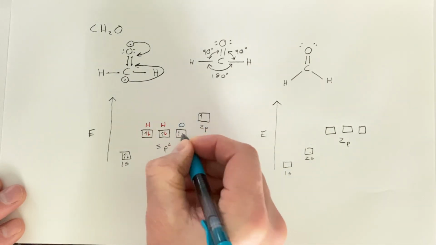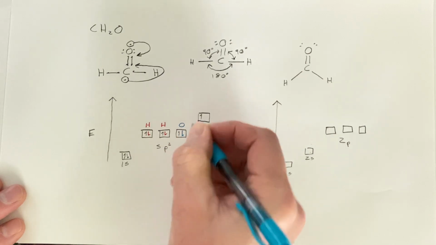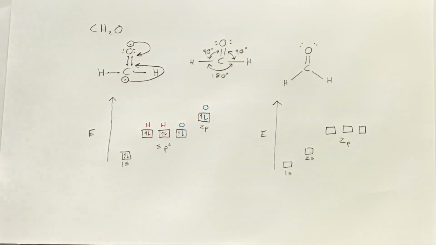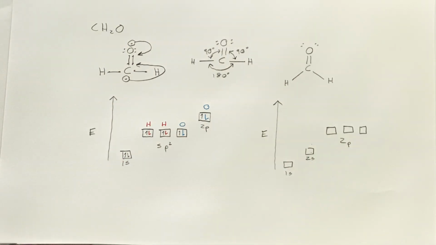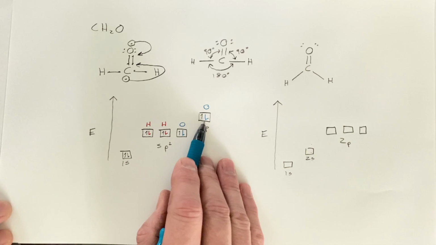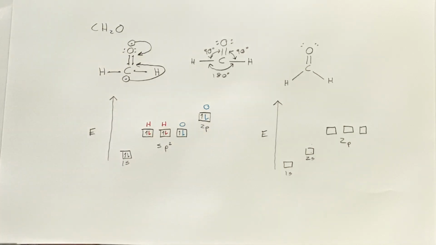We will place an electron for the oxygen atom here and the other electron for the oxygen atom here. So we look here and we see one of our carbon-oxygen bonds is a hybridized bond and one of our carbon-oxygen bonds is an unhybridized bond.